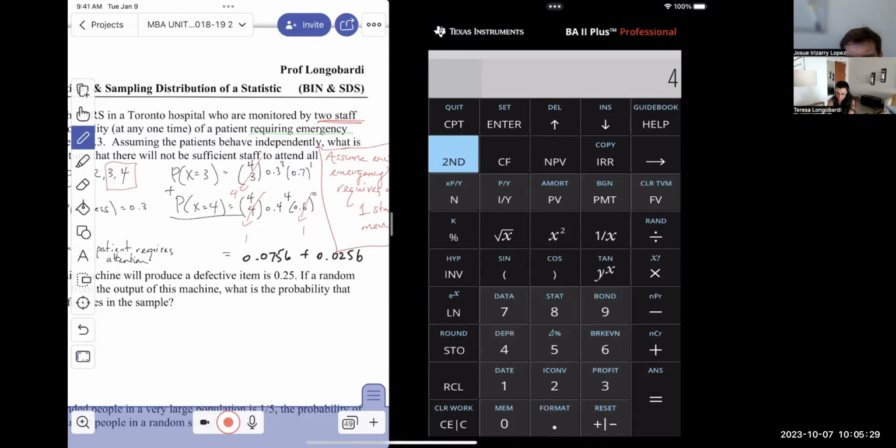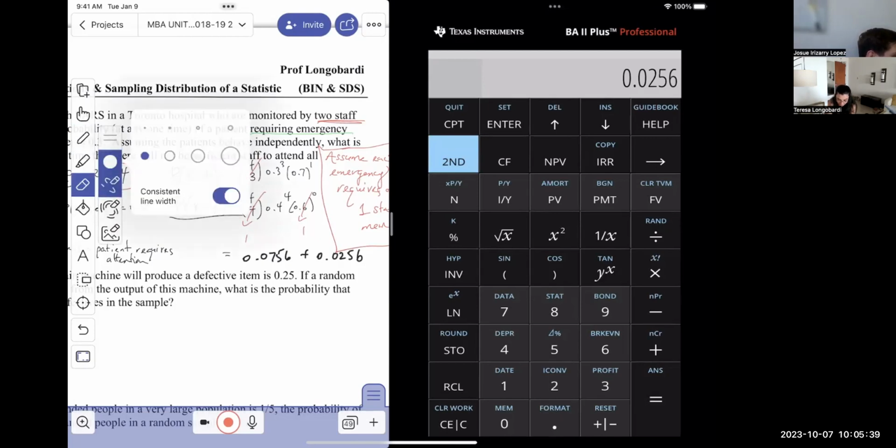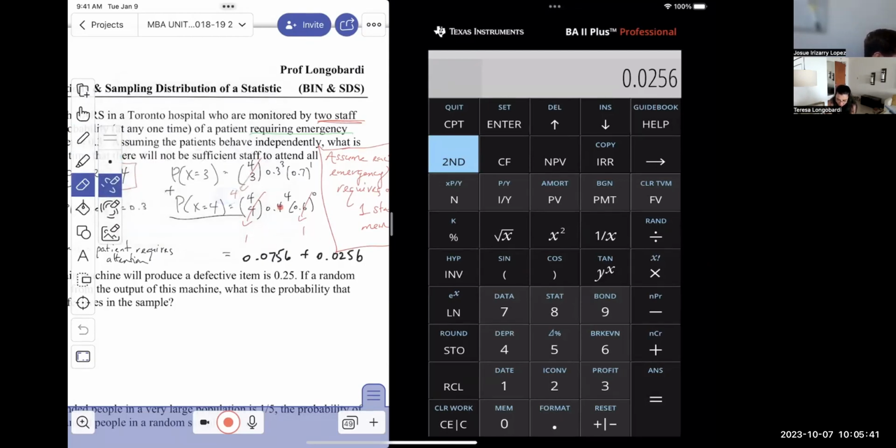It's 0.3 and 0.7, Professor, right? Oh, I don't know where I copied those numbers from. That's so weird. Thank you. I don't know what I was doing. Okay, sorry. 0.3 and 0.7. I don't know why I did that. Okay, let's fix that. It's still 0.3. It's very weird.